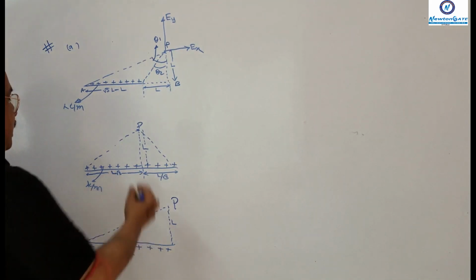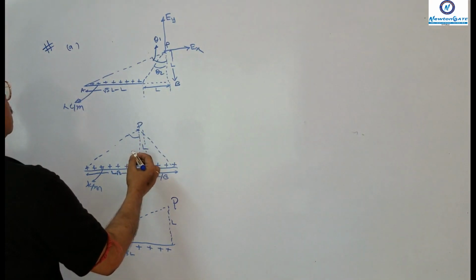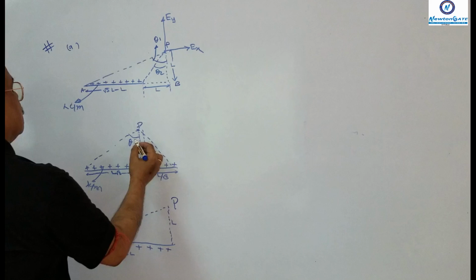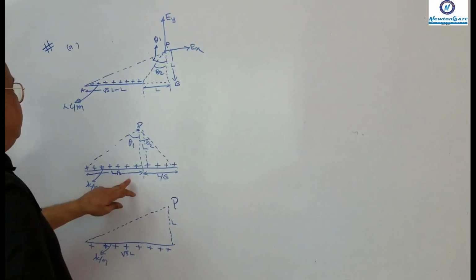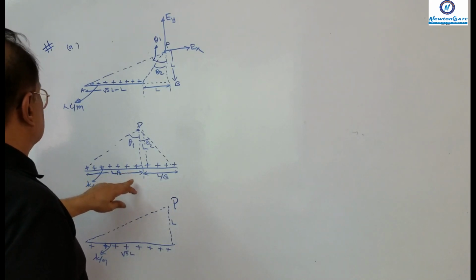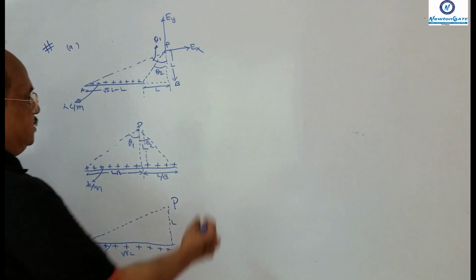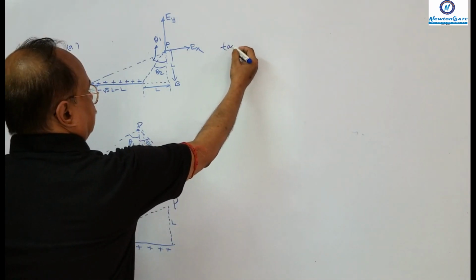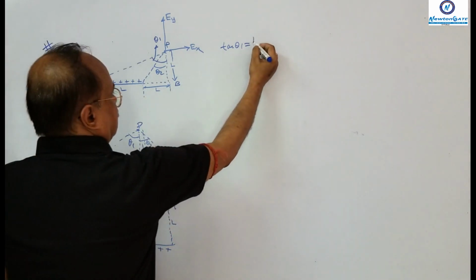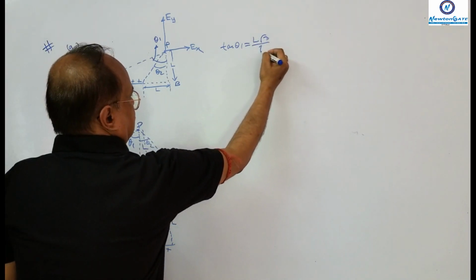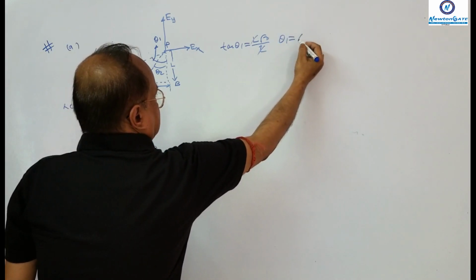Here you can see this is our theta 2, this is our theta 1, and this is our theta 2. So here you can see this is opposite by hypotenuse, that means tan theta 1 will be equal to opposite by base, that is L root 3 by L. So L gets cancelled and you get theta 1 as 60 degrees.